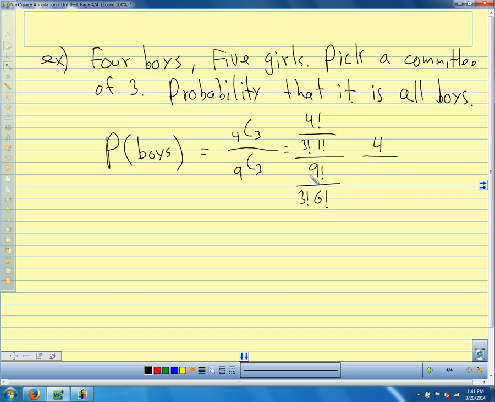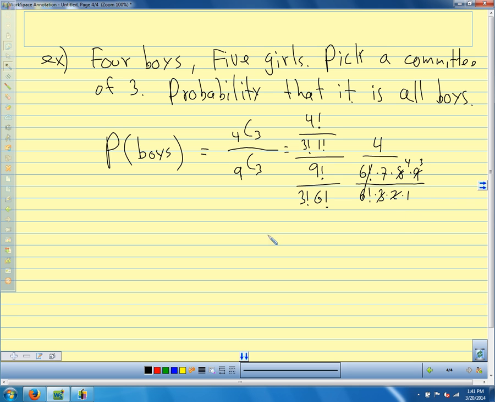I'm going to write the 9 factorial as 6 factorial times 7 times 8 times 9. And that's divided by 6 factorial times 3 times 2 times 1. Well, those cancel. I can cancel the 2 with the 8 and I get a 4. And I can cancel the 3 with the 9 and I get a 3.